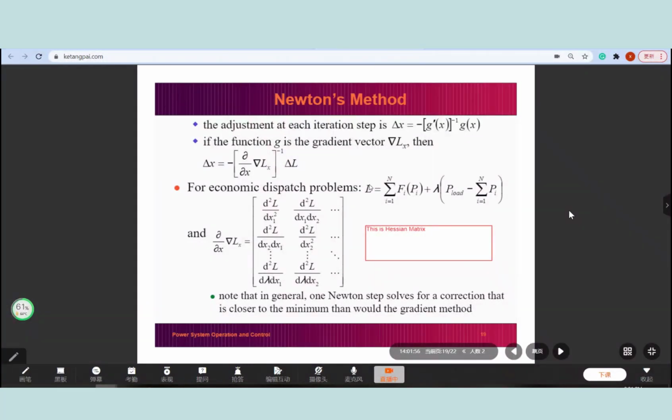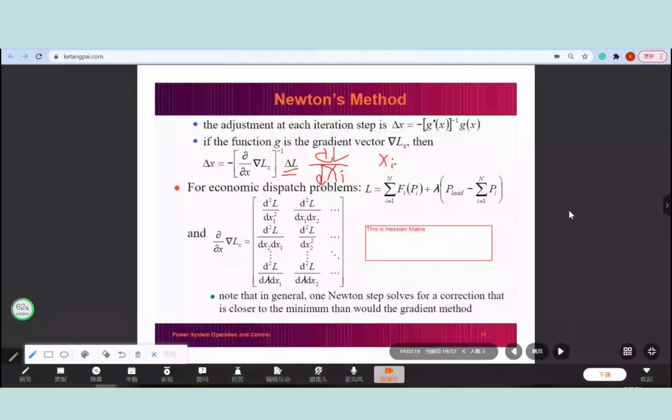What's delta L? Delta L is the first order derivative of L. You should know the meaning of delta L. The delta L is the first order derivative of L over dxi. What's xi?